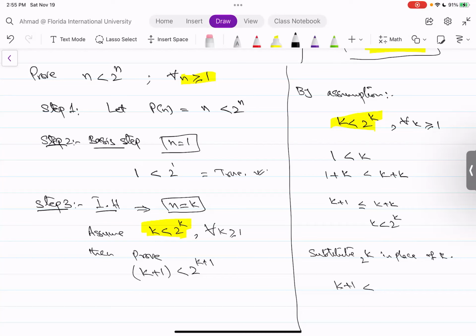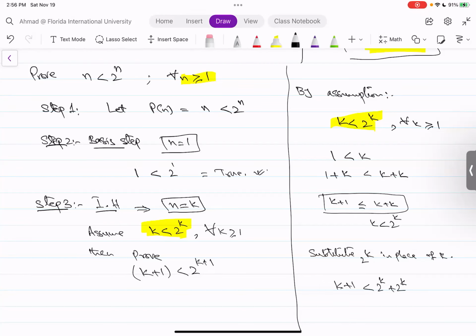Instead of k here, I'm going to substitute 2 power k. So it is 2 power k plus 2 power k, not times. Let me do it once again: we had this result after adding k on both sides, and now for k plus k, I am going to substitute 2 power k plus 2 power k.